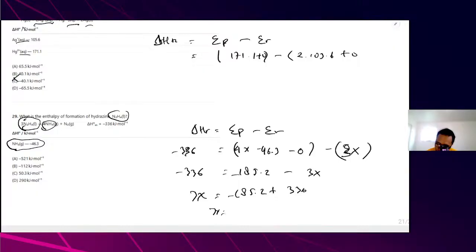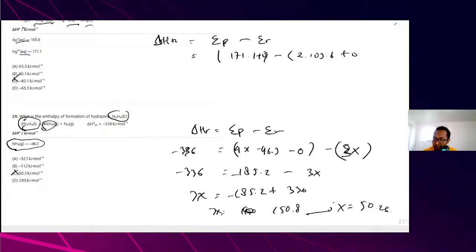So 3x equals 150.8. So x will be 50.26, plus. So the answer will be C. That's great.